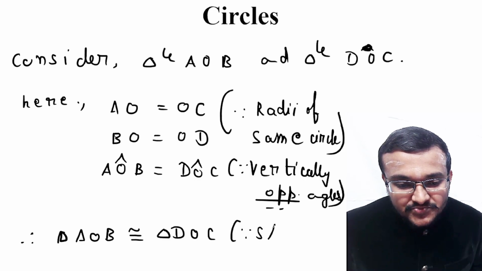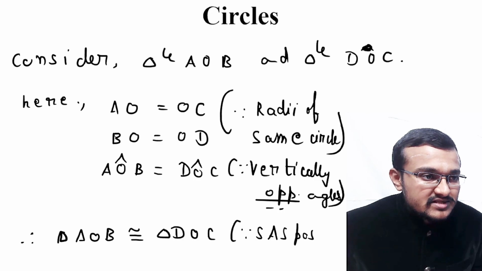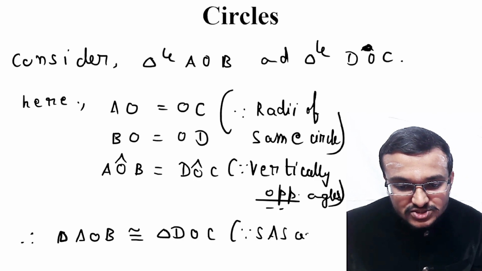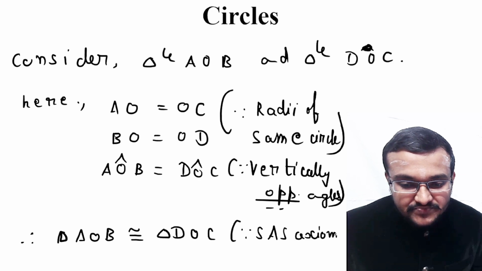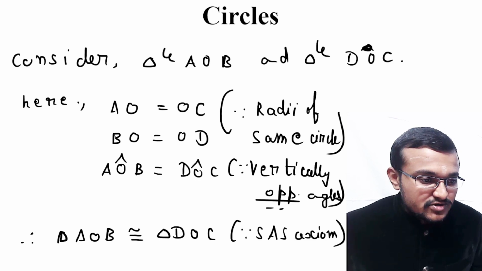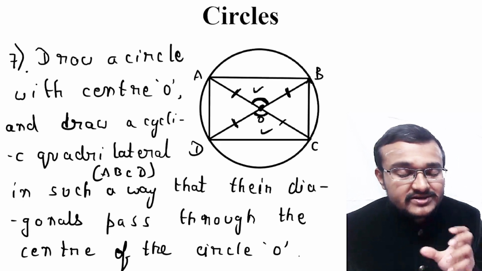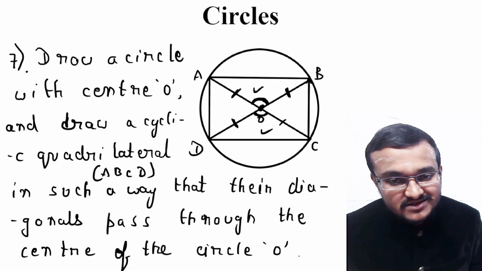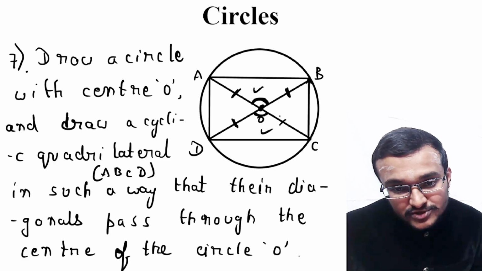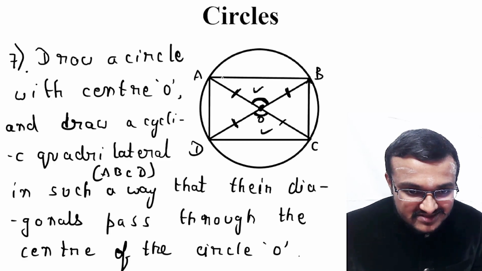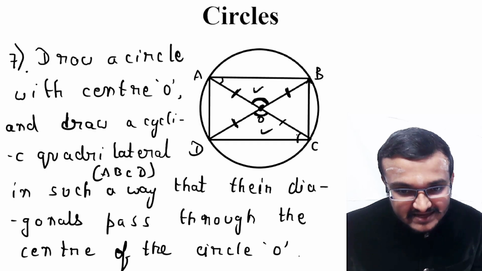This is according to the SAS axiom. So these two triangles are congruent with each other. So AO is equal to OC, and this particular angle and this particular angle will be equal.